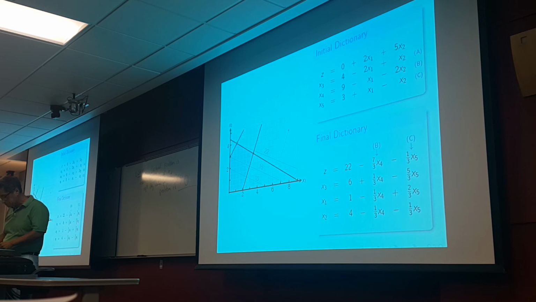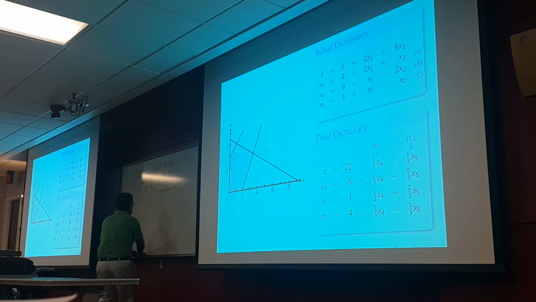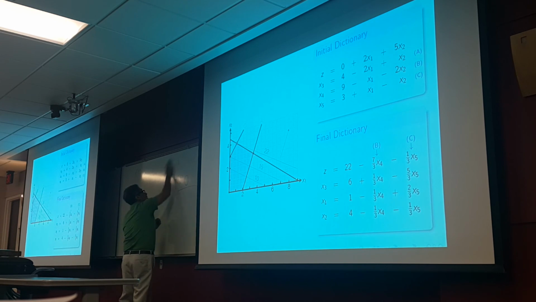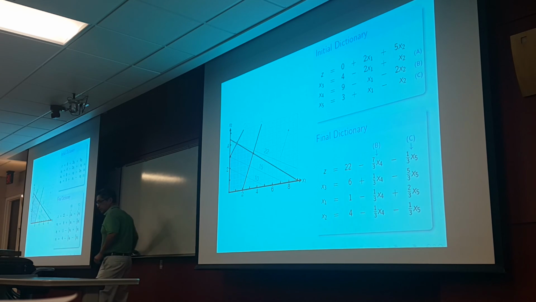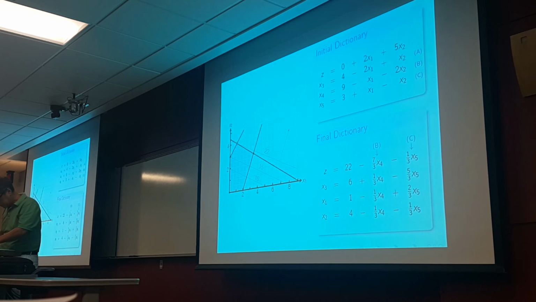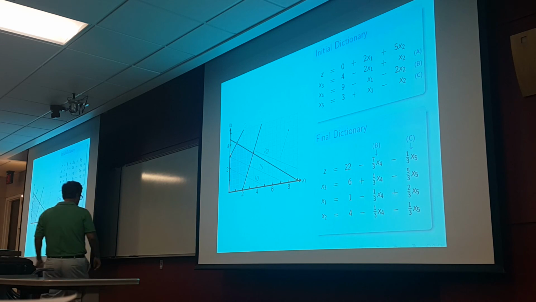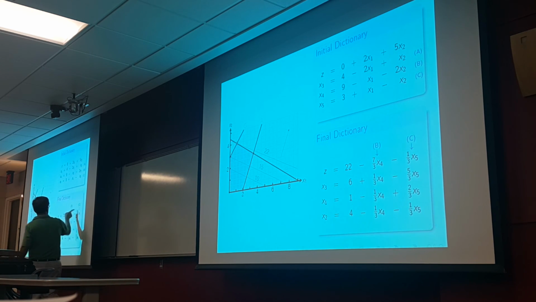Let's take the negatives of these values.